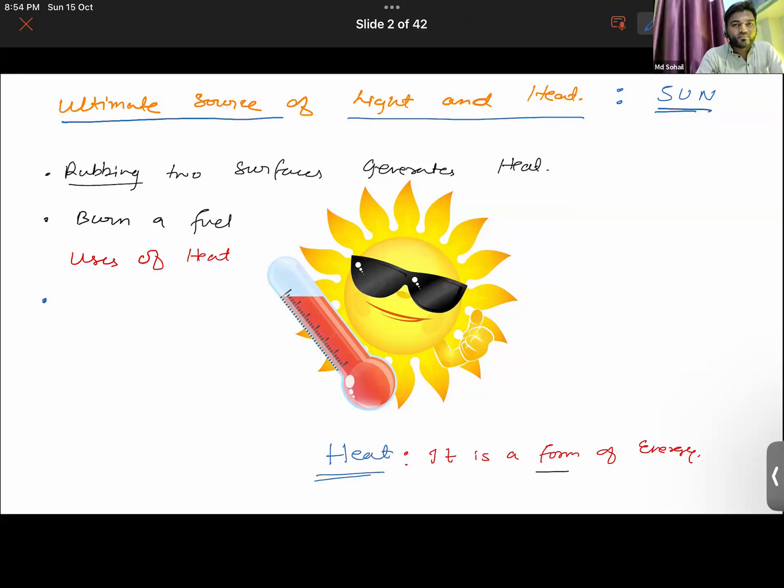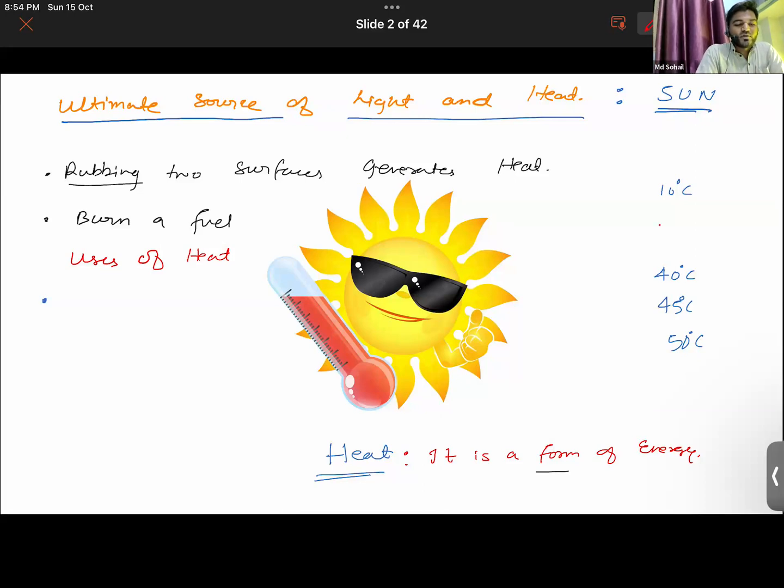If the temperature of the body reaches 10 degrees Celsius, or let's say 40 or 45 or 50 degrees Celsius, will the body be able to perform properly?